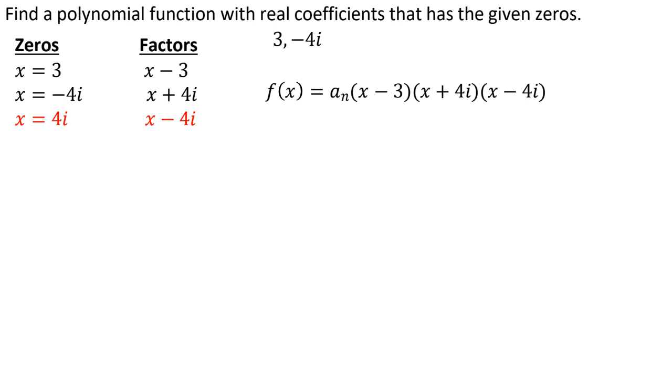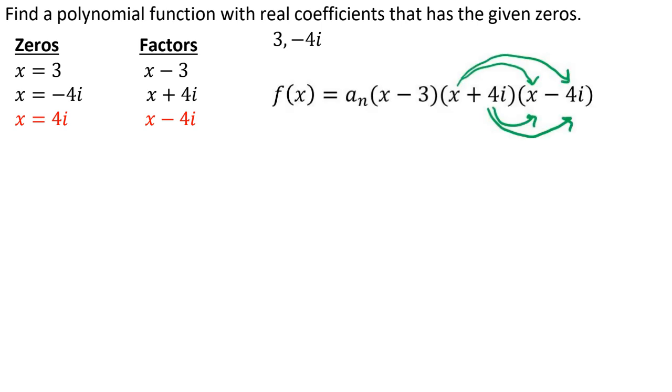What I like to do first is start from the far right and move left. I'm going to multiply first my two complex numbers, and this would be FOIL: the x times the x, the x times minus 4i, then the 4i times the x, and then the 4i times the -4i. So let's go ahead and do it.